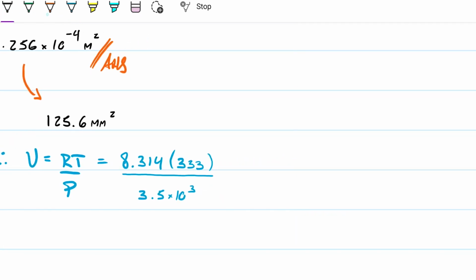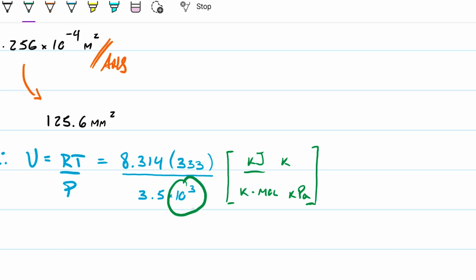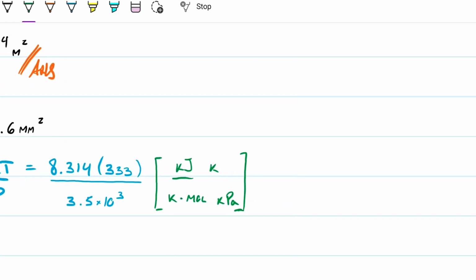And as noted, our units will be kilojoules per Kelvin mole. That's for R. Then we have Kelvin on the temperature, and then we have kilopascals. Pascals on the bottom, right? So we converted megapascals into kilopascals. We put in the 3 there.